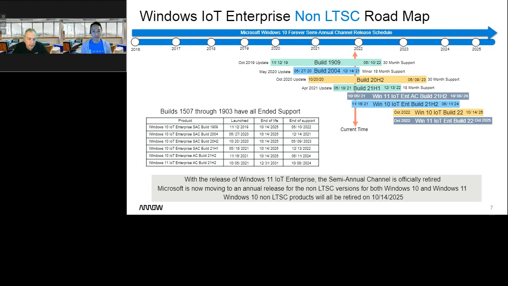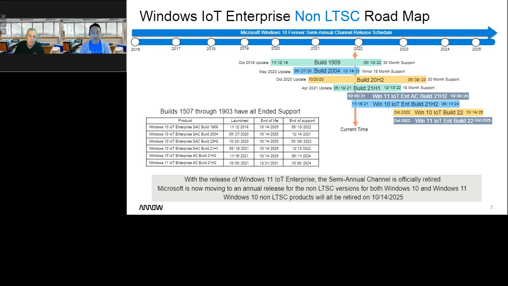So a lot of the earlier builds of Windows 10 Enterprise SAC or non-LTSC did drop off of this chart. So you can see I've actually updated this roadmap to start with build 1909 because all the other ones are no longer supported. So if you're running a build earlier than 1909, that's not the LTSC version, of course, the support has already ended for those guys.